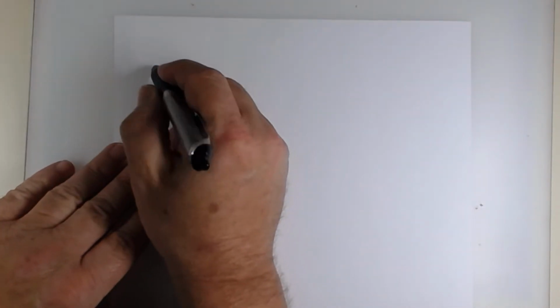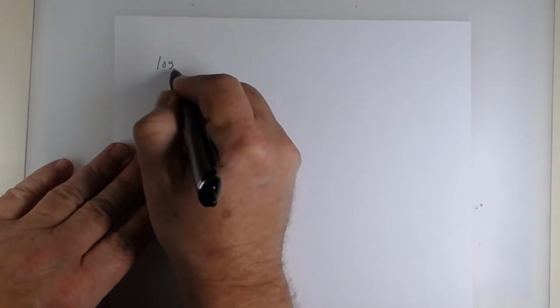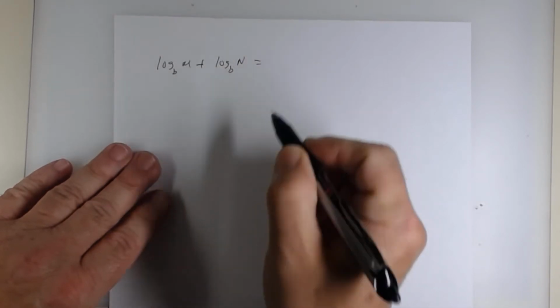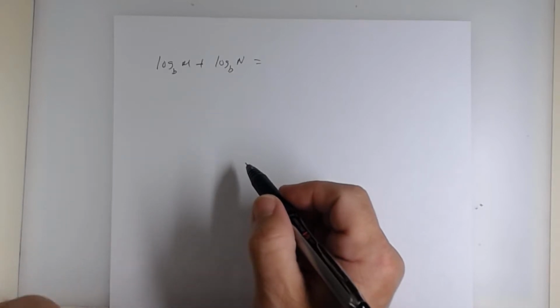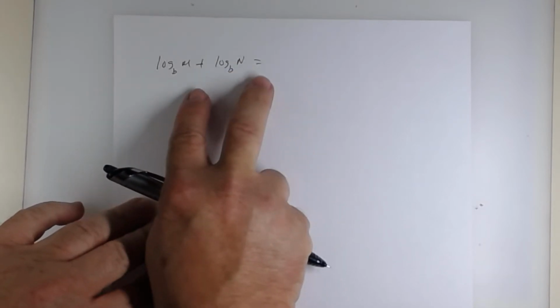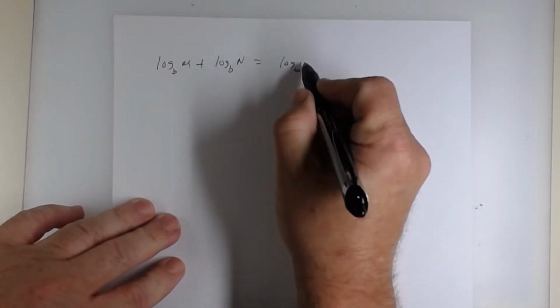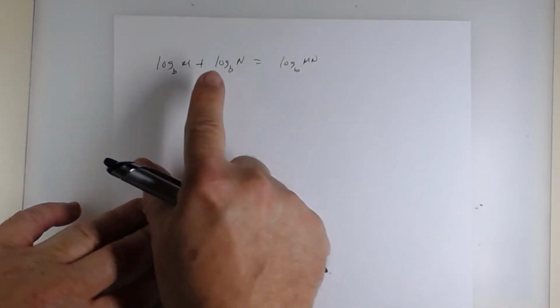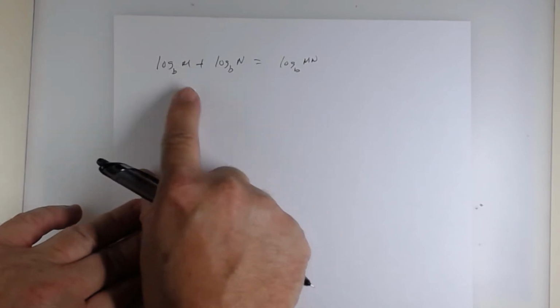Now, the properties are the same that you used before. If I have the log base b of m plus the log base b of n as a single logarithm, what rule do you think you're going to use? The product rule. So this would be the log base b of mn. That's only true if the bases are the same.